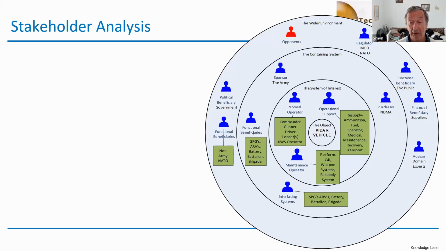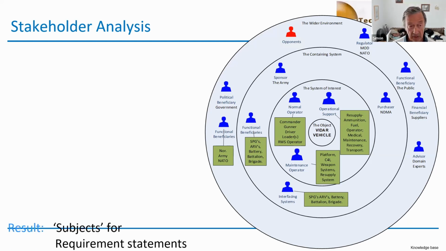That's the only valid name for the person in charge. Similarly, the person who fires it is the gunner, and it's not the firer or the deputy commander or anything like that.